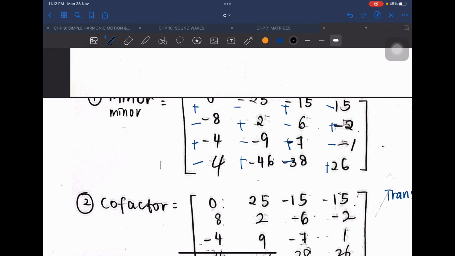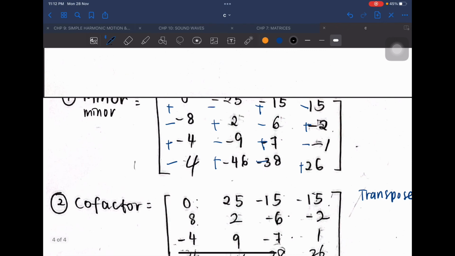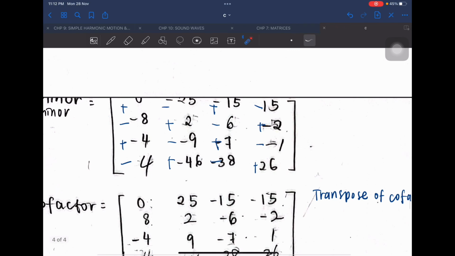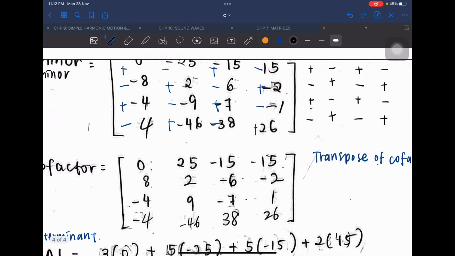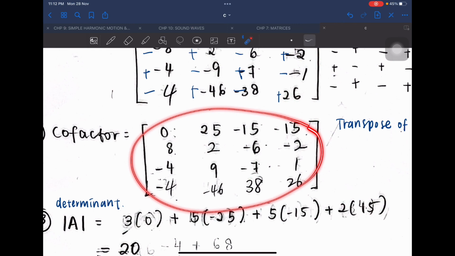So from the minor, to find the cofactor, we just have to make sure all the values are in the correct sign form, which is positive, negative, positive, negative, negative, positive, negative, positive, positive, negative, positive, negative, negative, positive, negative, positive. So once we convert all those values, we get the cofactor, which is this value.